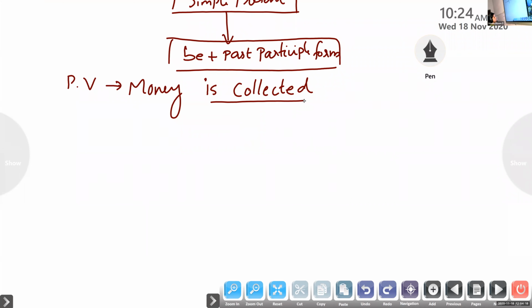Put a dot and write John. Put a full stop. Okay, money is collected. You know, is is the be form and collected is the past participle form of the verb collect. And put a few dots and write John.